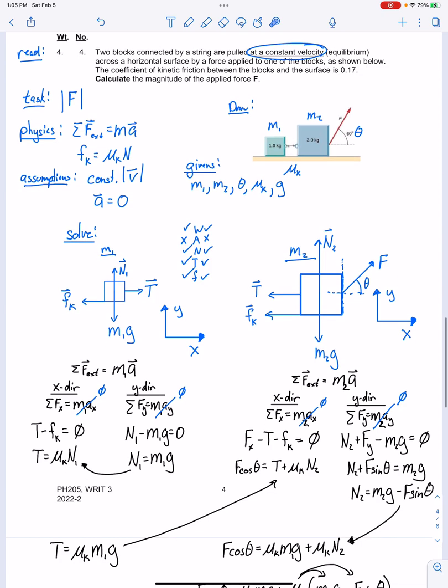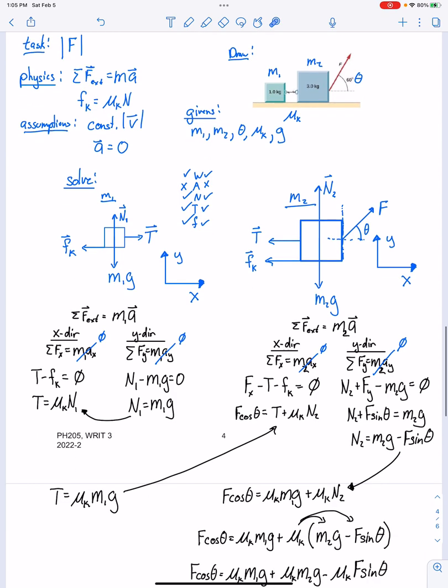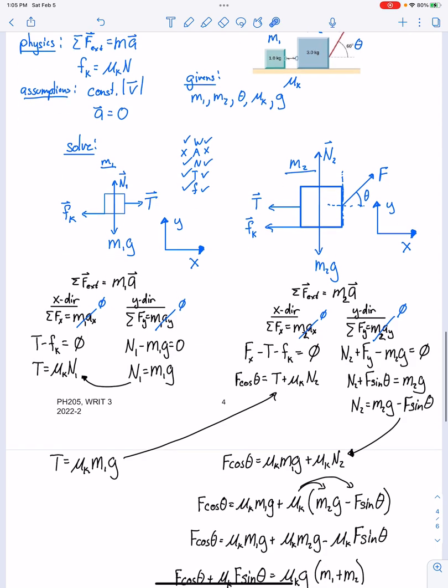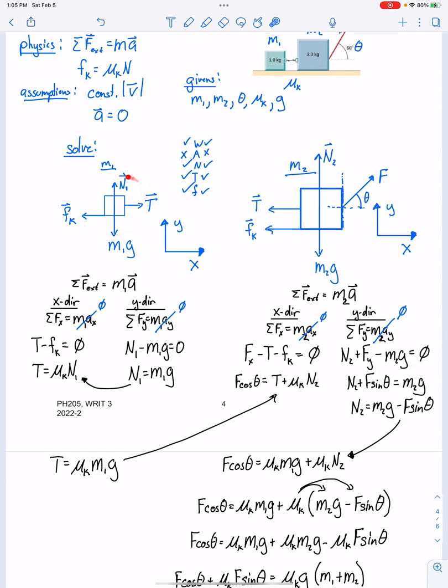But you have to be careful because the coefficient of friction is acting here, but the normal force is being changed because this force is pulling up on it. The normal force normally is just mg, but for us, the normal force is the mass of object 2 times g, minus something. It's smaller than that because the force being applied here is lifting up on the block and decreasing that normal force. So we just follow the math.